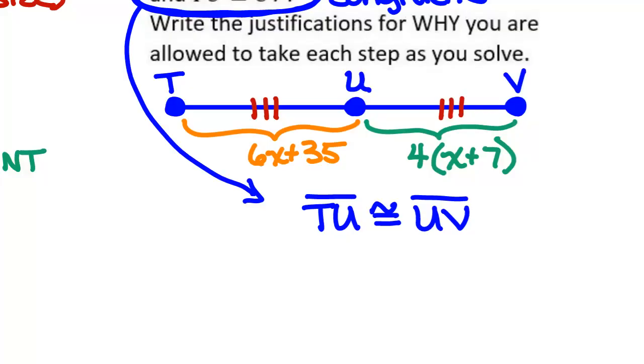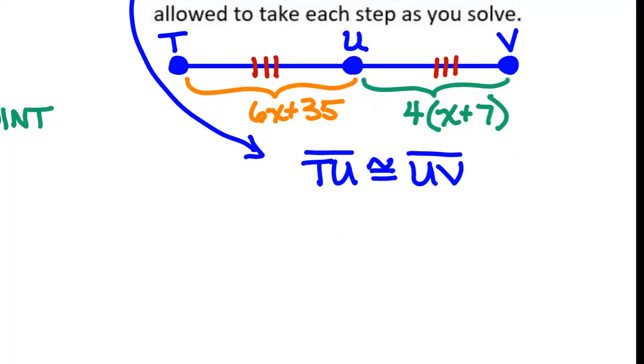What was the next thing that I did back on problem number 6 after I wrote that down? What's the next thing I wrote down after this on the previous one? Yes, I wrote it without the slash over the top and without the squiggle. I'm going to say the length of segment TU is equal to the length of segment UV.